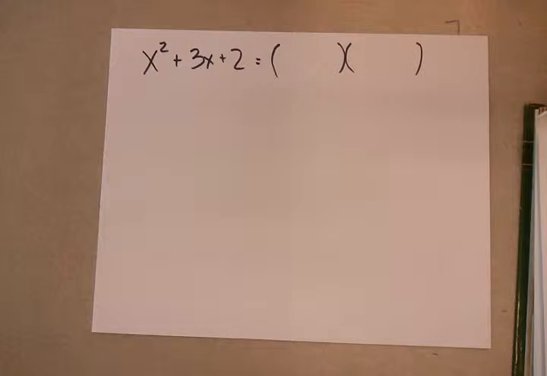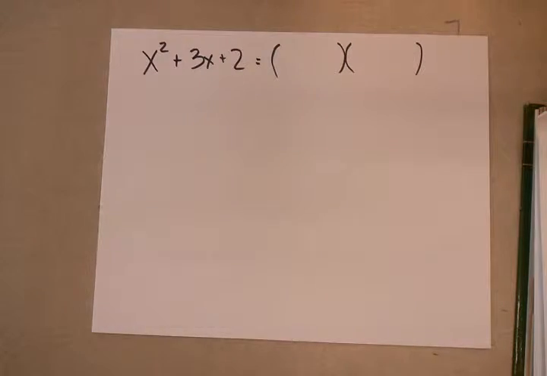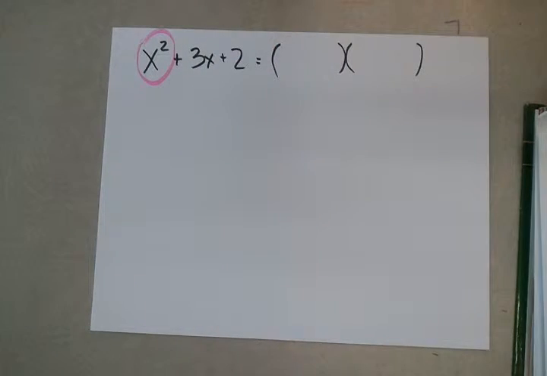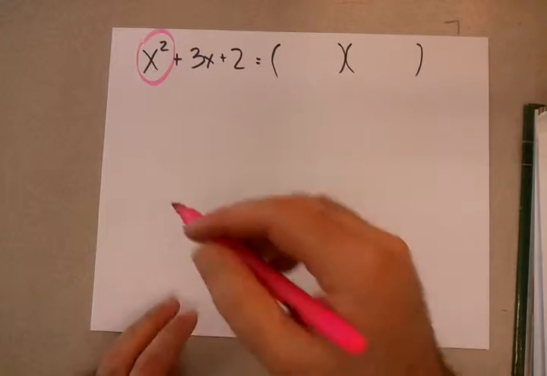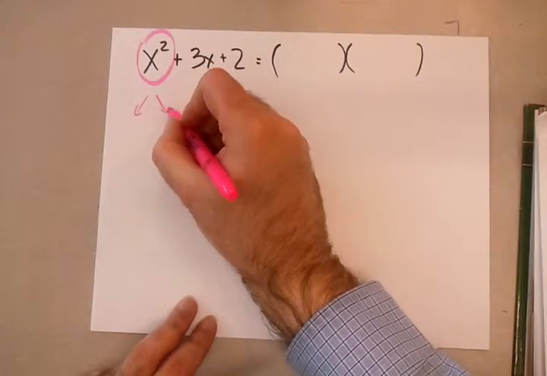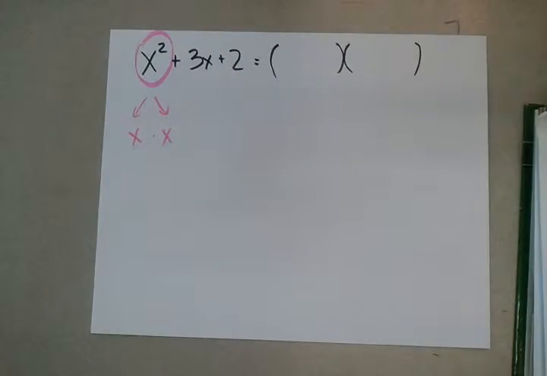So with most of these factoring problems you start out with a pair of parentheses, and then you look at the first term of your trinomial, the x squared, and think: what two terms multiplied against each other will give you x squared? The most likely conclusion, although there's more than one possibility, is x times x.